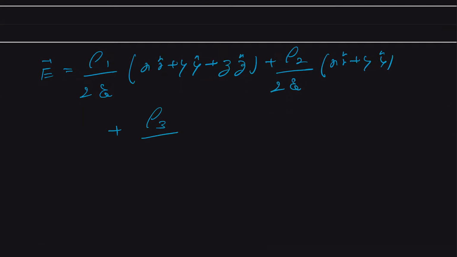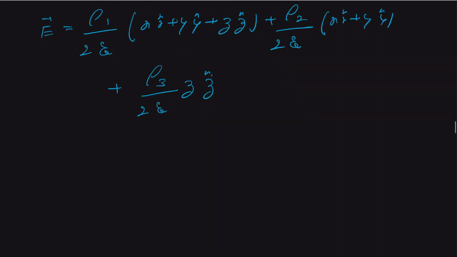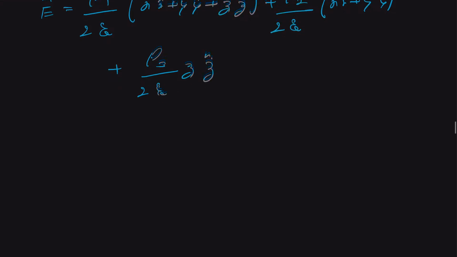Z means slab, ρ3 upon 2 epsilon naught, and this is our z, the z unit vector. Now we can just combine them by components. We are going to combine x and y because they are in the same plane, and z we are going to keep independent. So let us group the components.